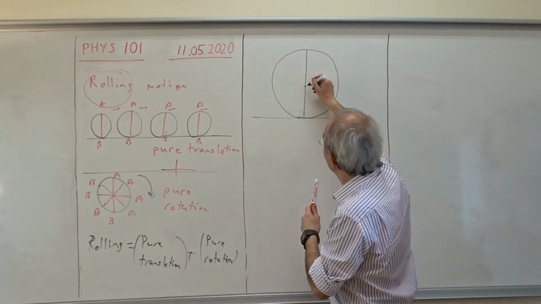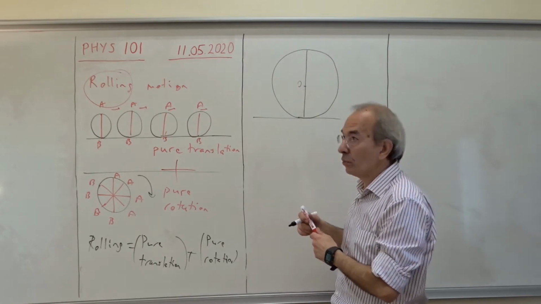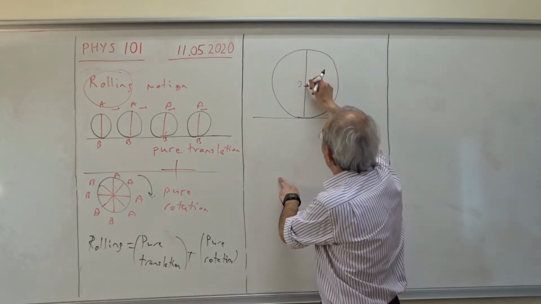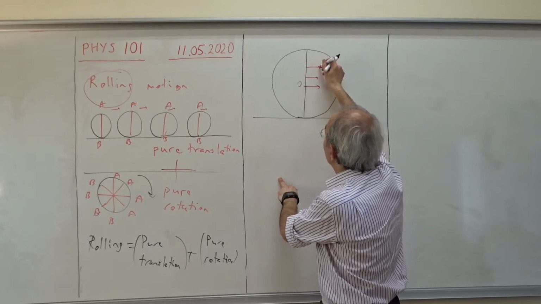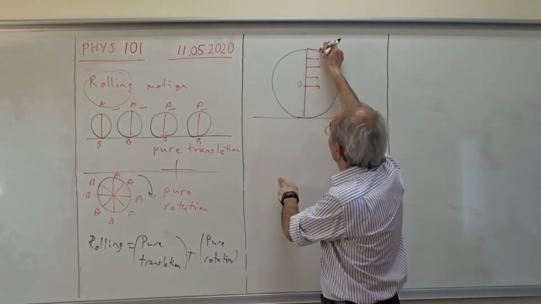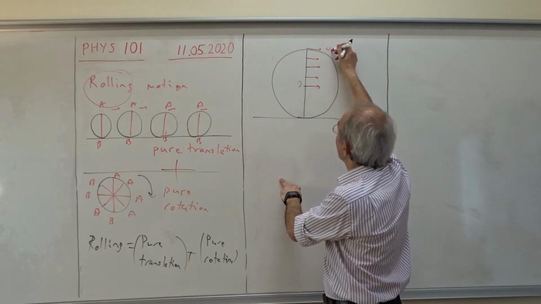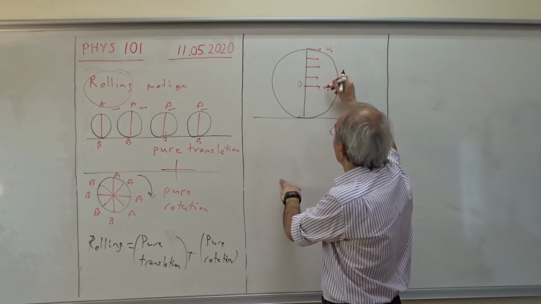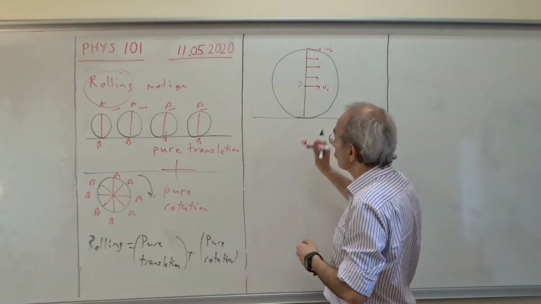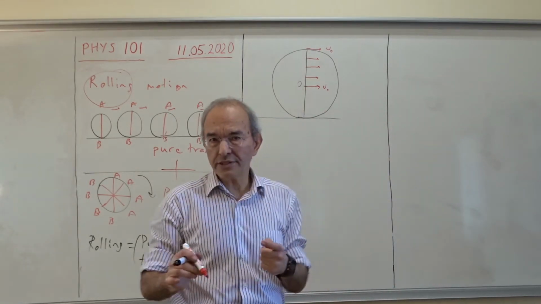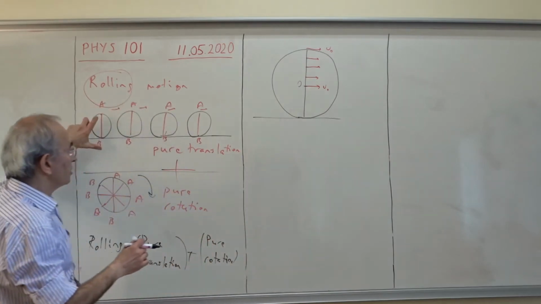This is the center, let me show it by letter O. So this object has the same linear velocity vector, let me call it V0. V0 is the velocity of the center of mass, but every other point is also moving at the same speed if you have just pure translation.